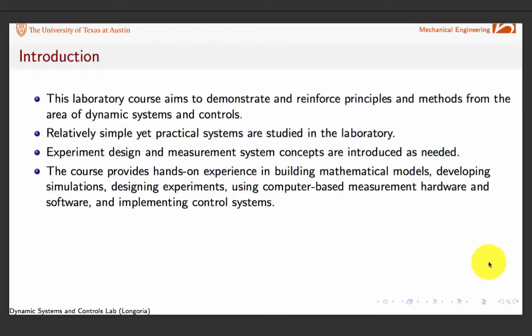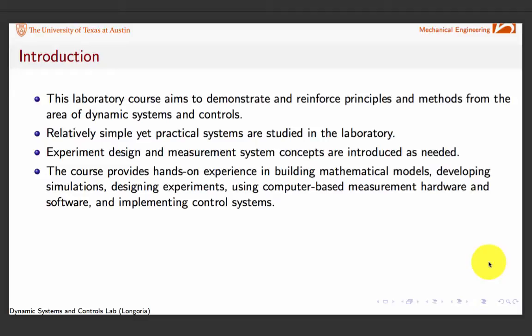The course aims to demonstrate and reinforce the kinds of principles and methods that you'll be covering in a related Dynamic Systems and Controls course that's taught here in the Mechanical Engineering Department at the University of Texas at Austin.